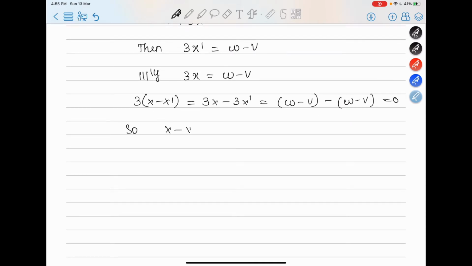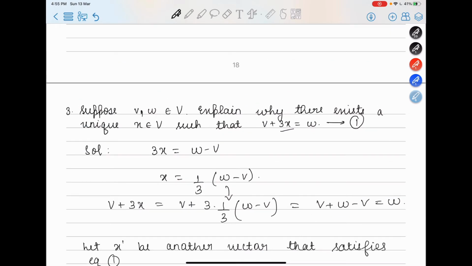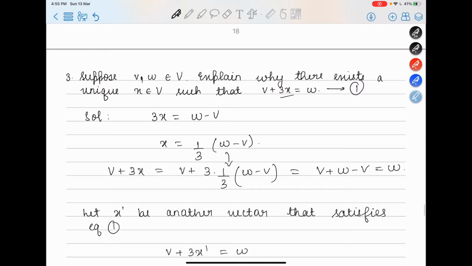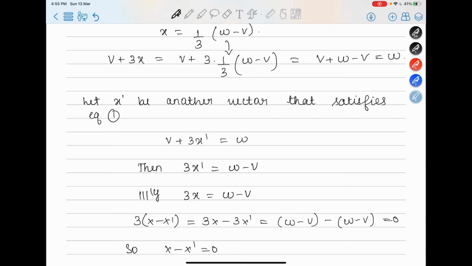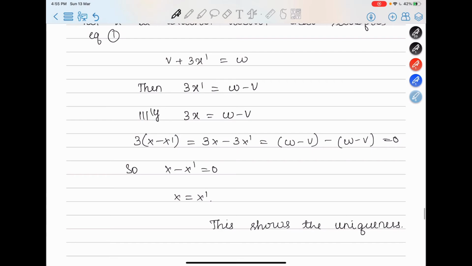So x minus x dash is 0 and x equals x dash. This shows the uniqueness. To show the existence, we just found out the x and substituted it. And to show the uniqueness, we assumed that another vector that follows these conditions exists, and showed that those are equal.